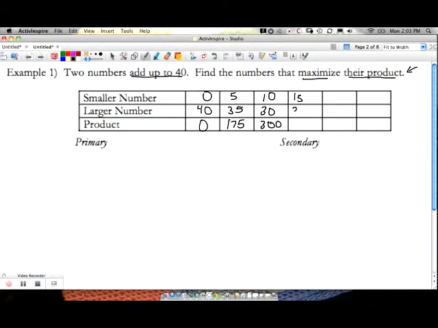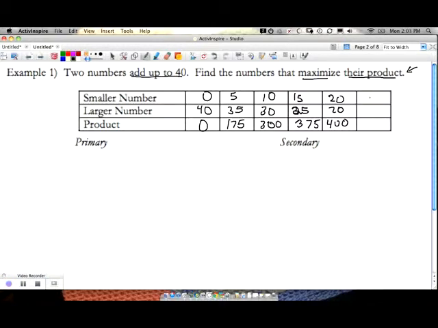Now what are we looking at? 15 and 25. So 15 times 25 would be 375. Then let's say we did 20 and 20. Well, 20 times 20 is 400. Now something interesting happens.